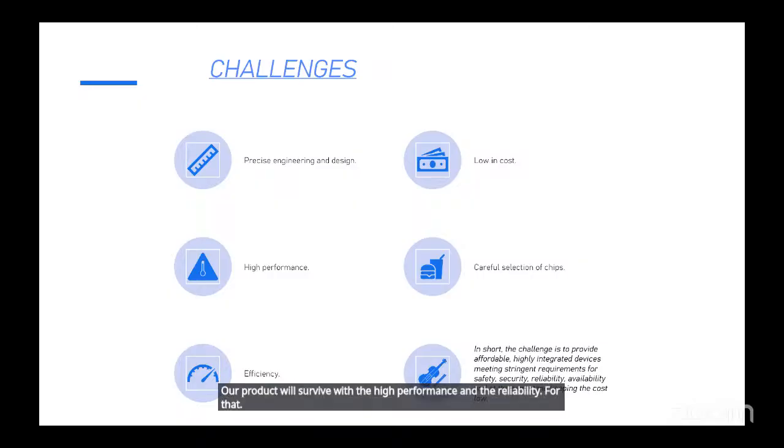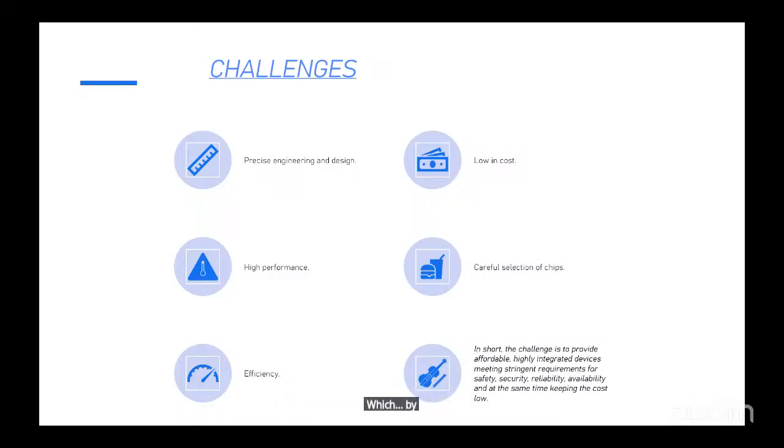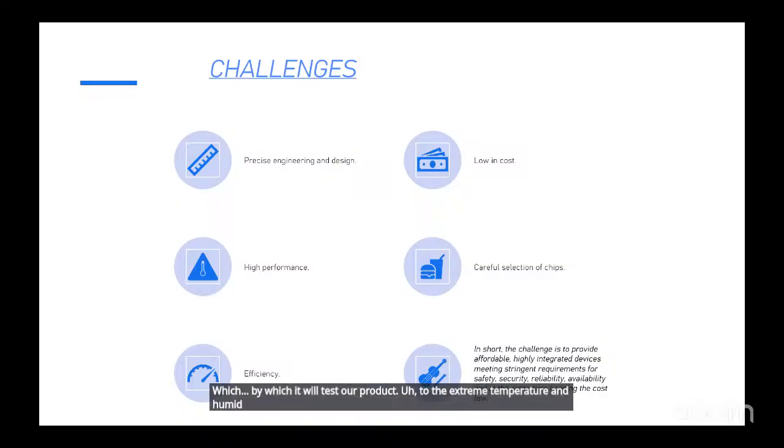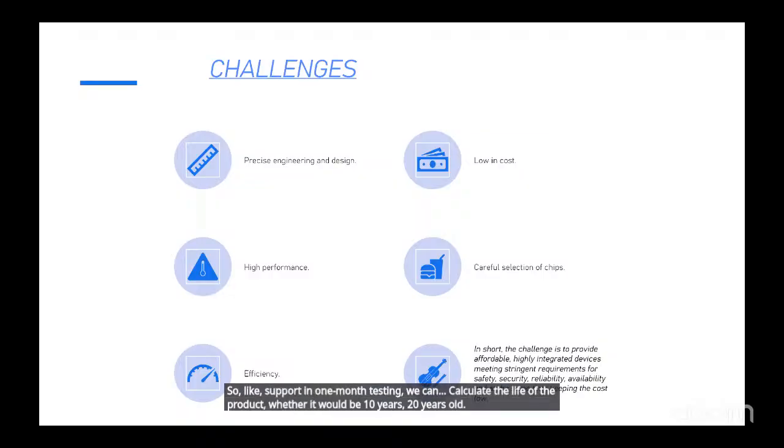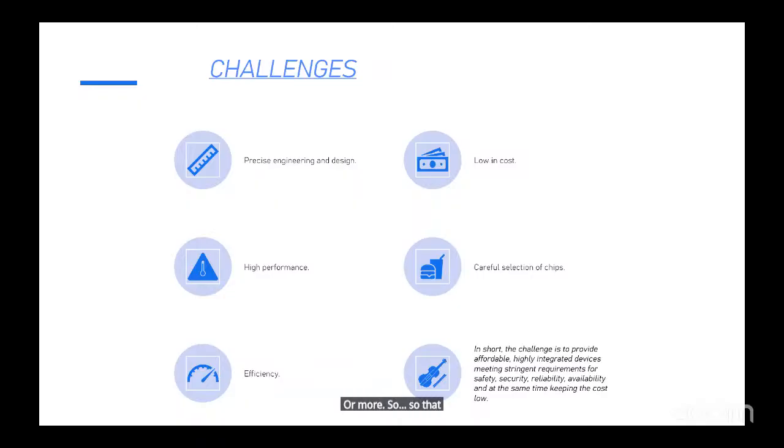We have a whole chamber which will test our product to extreme temperature, humidity and environment cases, and we can calculate the life of the product in just a few days of testing. Suppose in 1 month of testing, we can calculate whether the life of the product would be 10 years, 20 years, or more. That challenge we can mitigate like that.